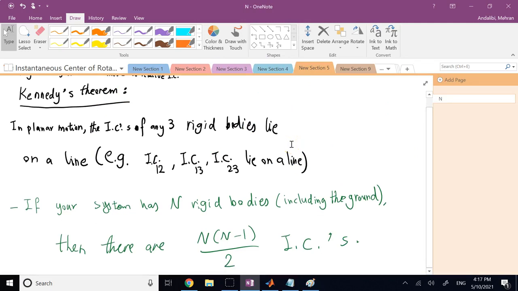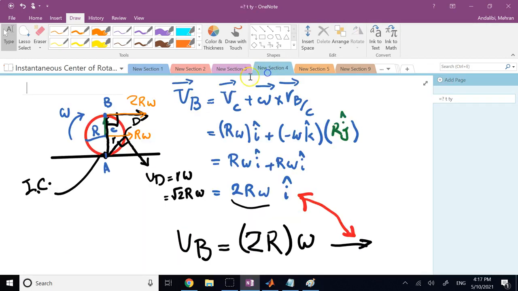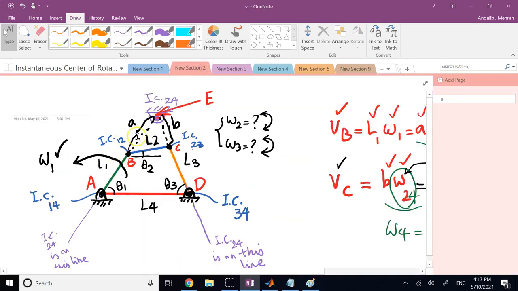And now in the next couple of examples, I show you how to find these distances AB, or here this other distance that I have AB, through geometry with numerical numbers, and I provide you some further guidance in general on finding the location of instantaneous center of rotation for any rigid body.